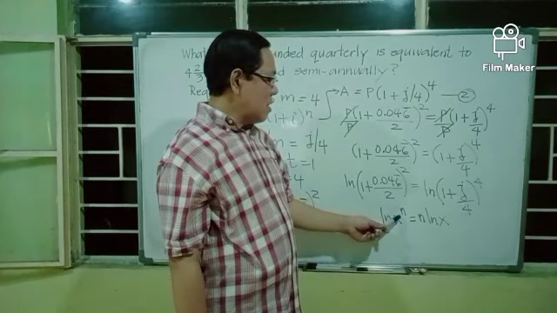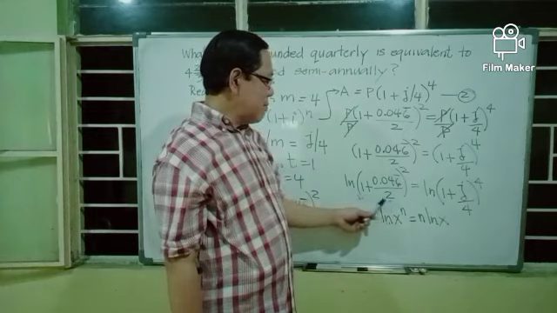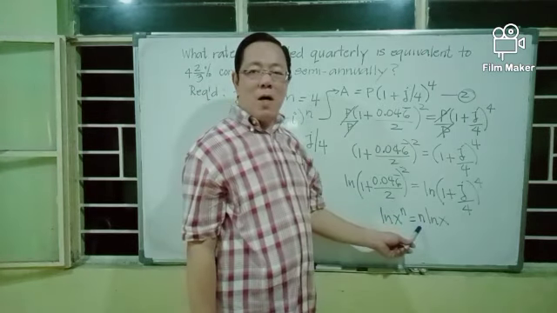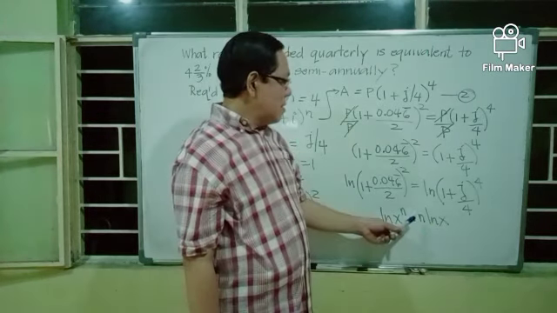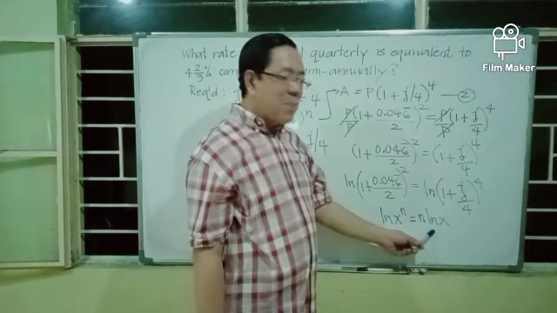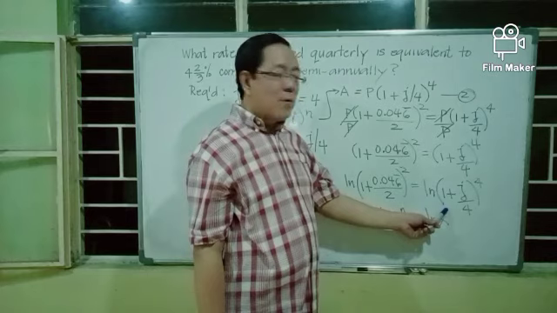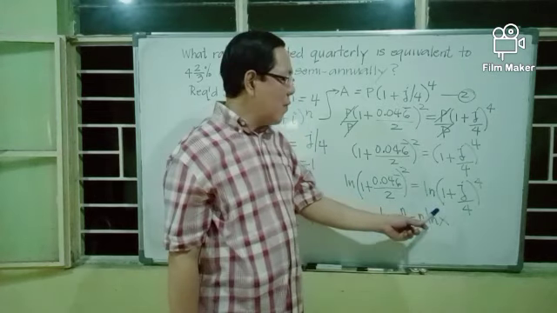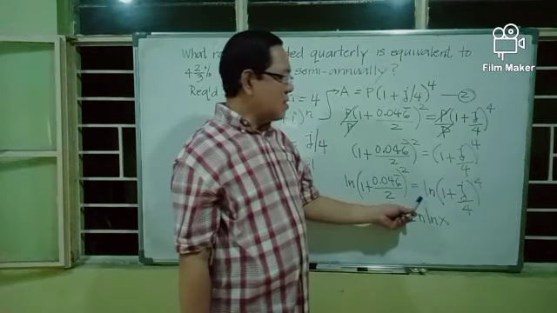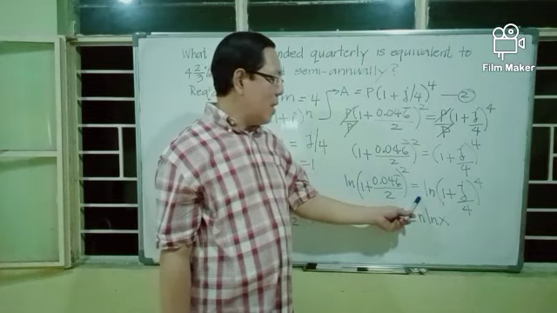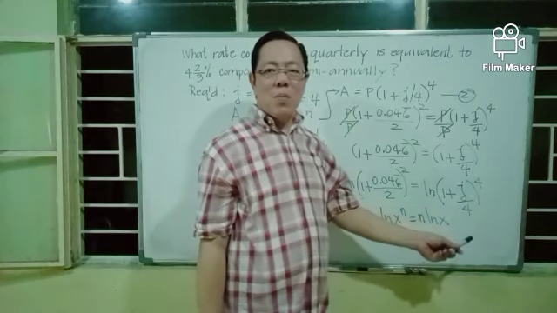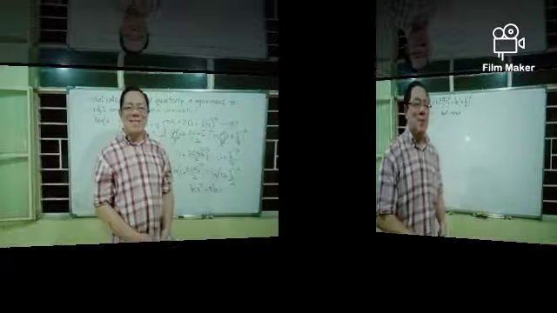The exponent n of x becomes the coefficient of ln x. And we apply this property of natural logarithm to the right hand side of the equation, and 4 becomes a coefficient of ln of 1 plus j over 4.